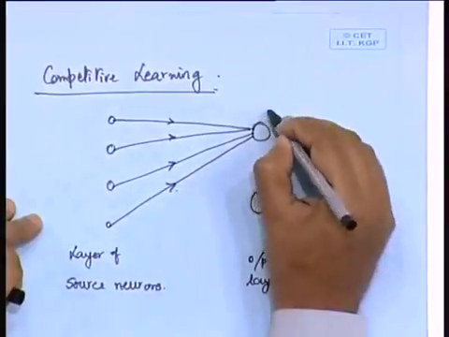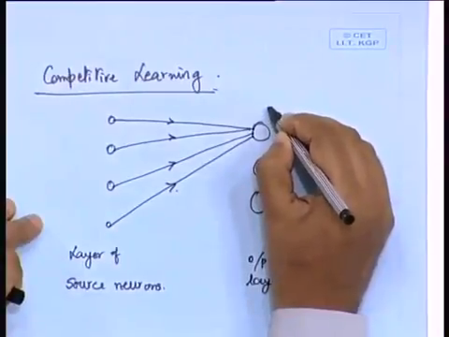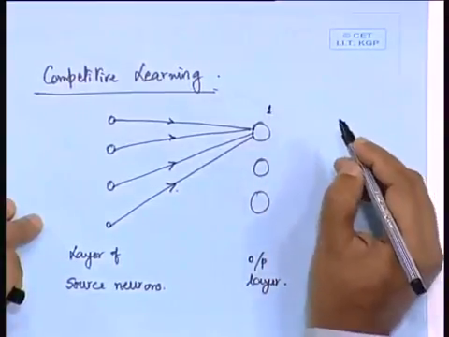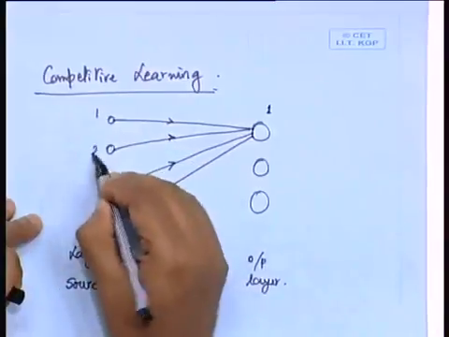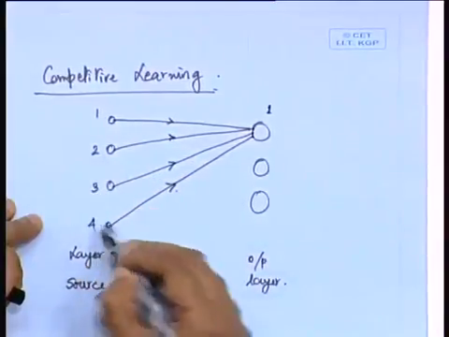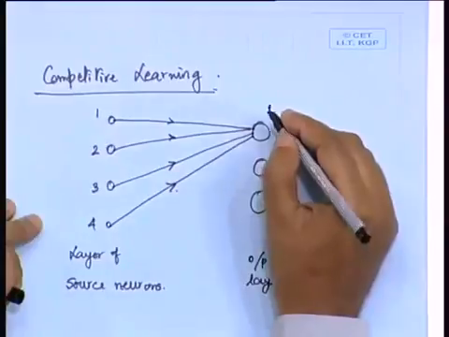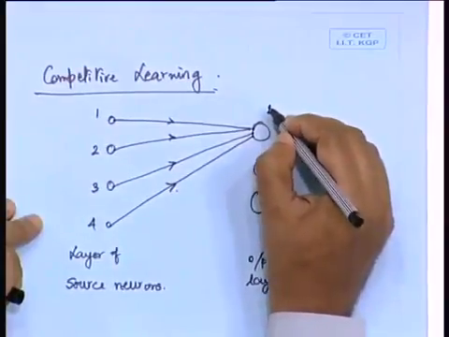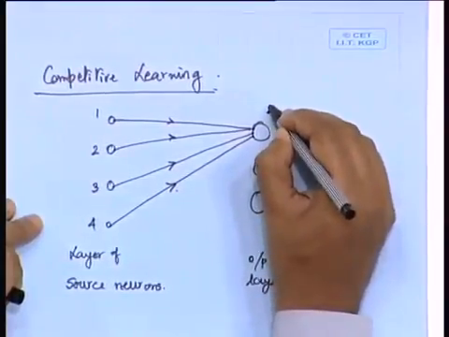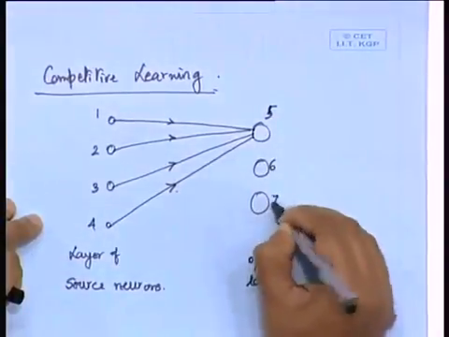Let us number the input neurons 1, 2, 3, 4, and suppose this is the output layer, which we are going to call 5, 6, 7.